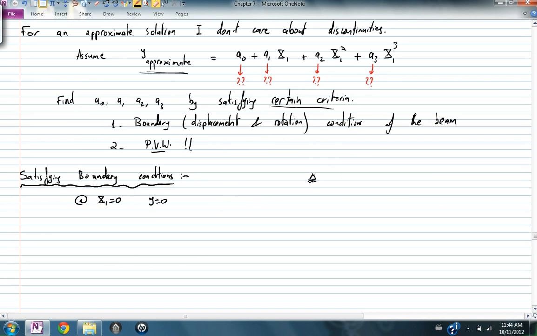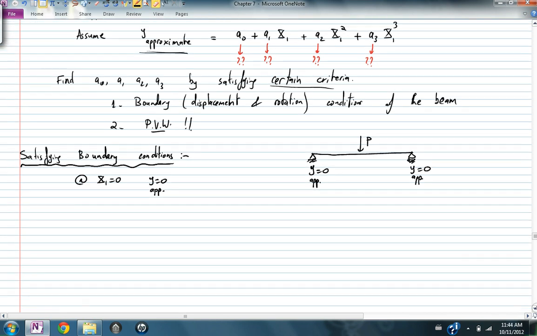So let's just draw the beam here to remember what the boundary conditions were. I know here the displacement is 0 and the displacement here is 0. So I'm going to use y approximate to remember that I'm now working in the approximate solution.